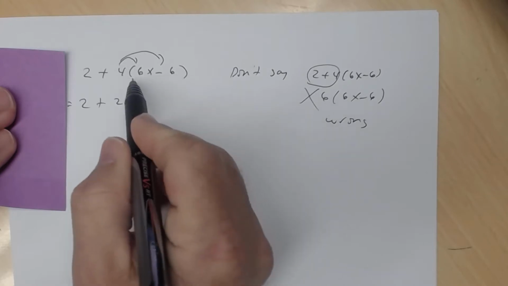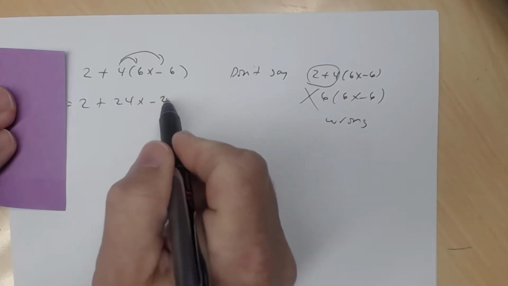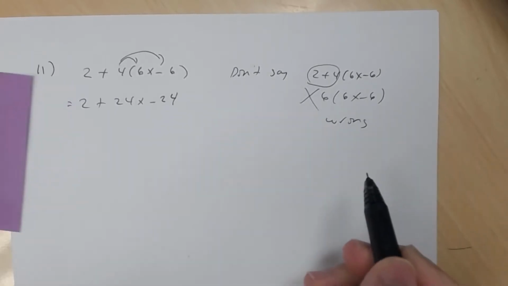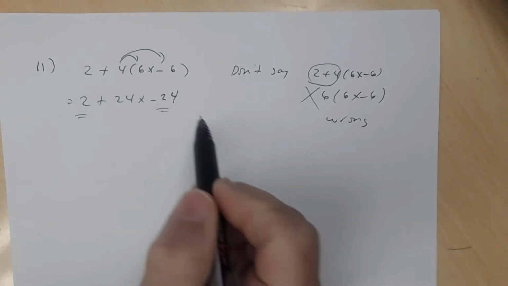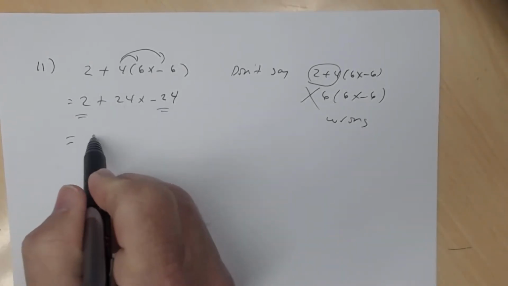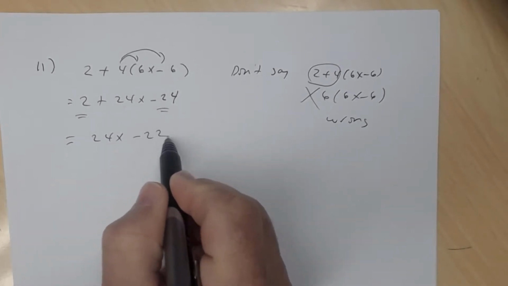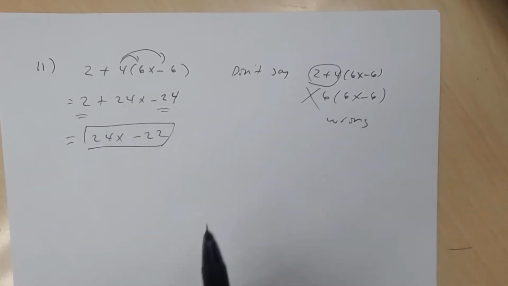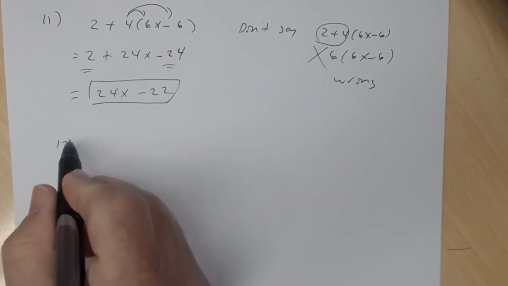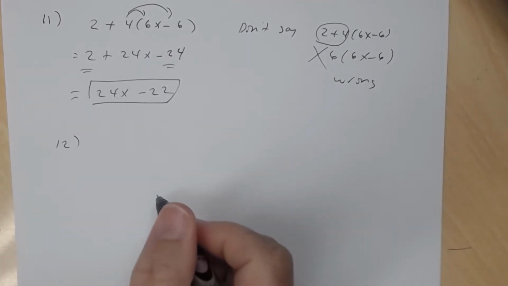And then positive 4 times a negative 6 is a negative 24. And then combine like terms, I can combine the constants. And so I get 24x, put the x first. And then a 2 and a negative 24 is a negative 22. So there's your answer.